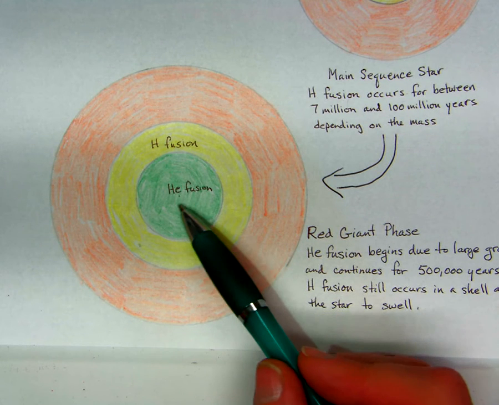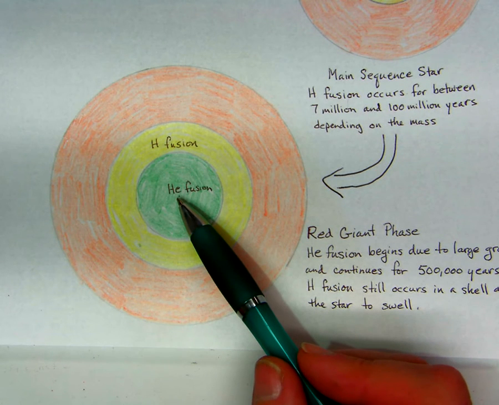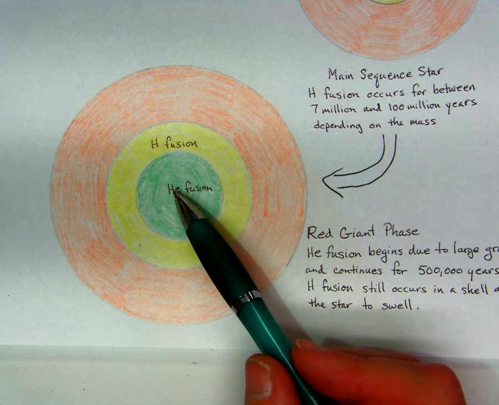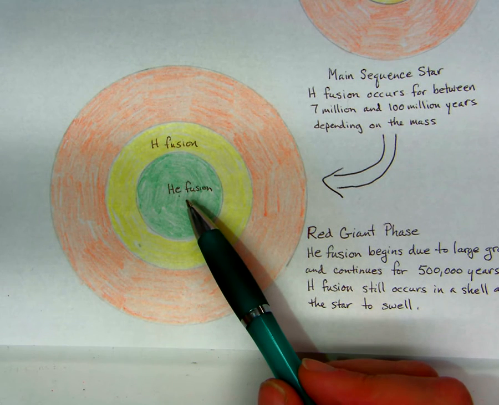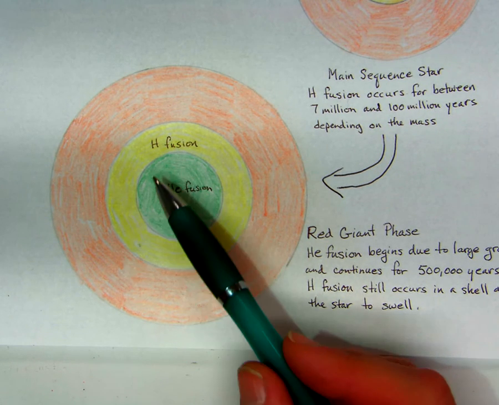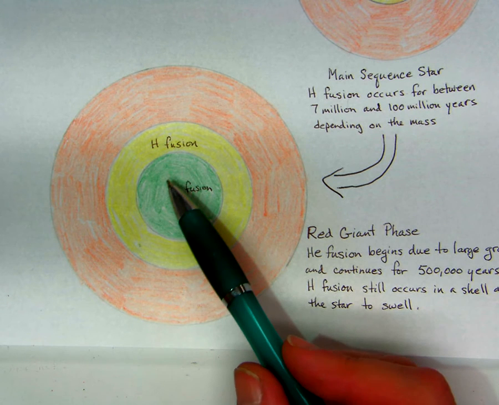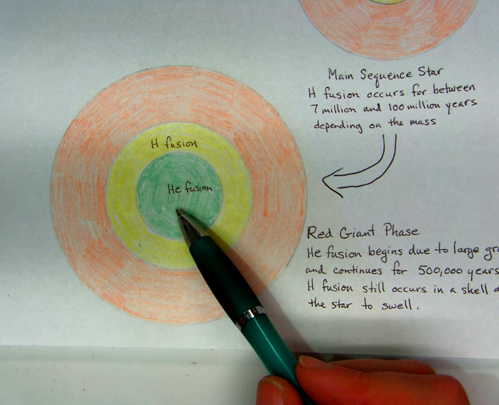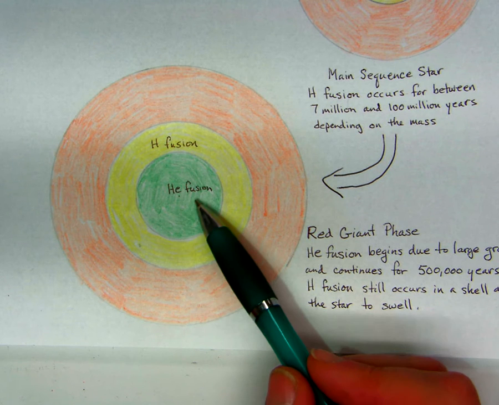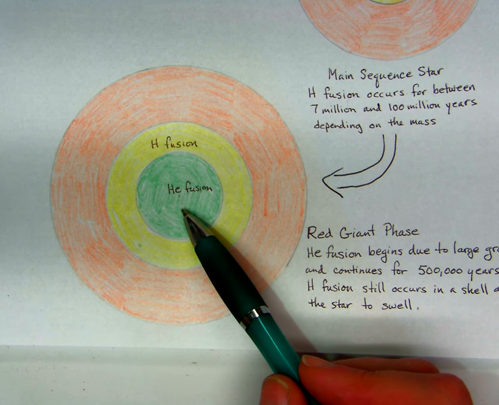The helium starts congregating at the center, and because it's a lot more massive than many of the previous stars, it has enough force of gravity that it squeezes it together enough that it starts fusing helium.